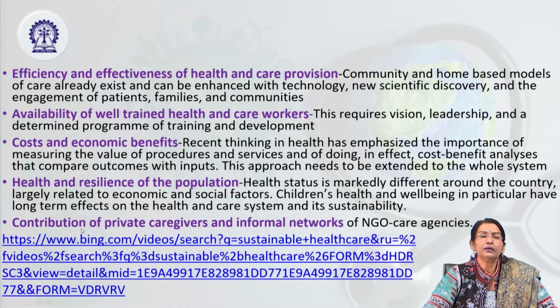Even private caregivers, the informal ones like private nurses and NGOs with informal networks, who may not be certified, also informally provide care for senior citizens, especially in the cities and towns. So all these are the different aspects of sustainable quality improvement parameters.